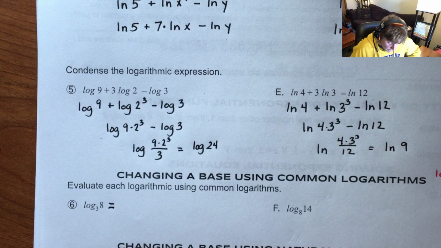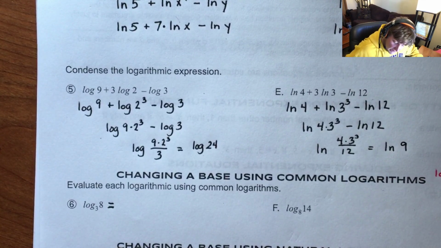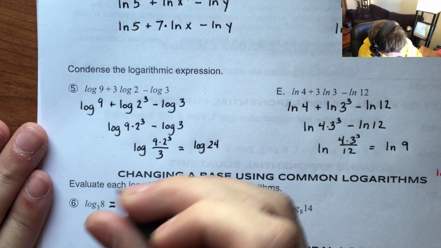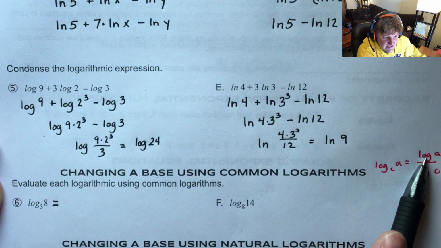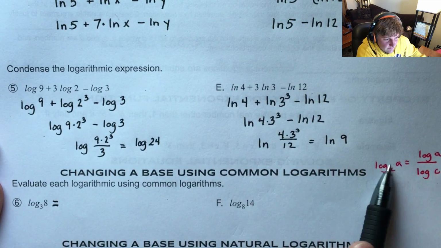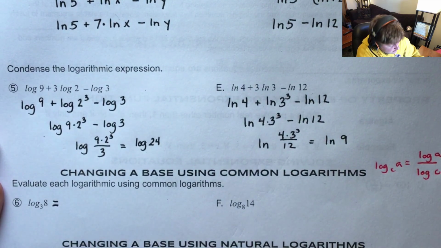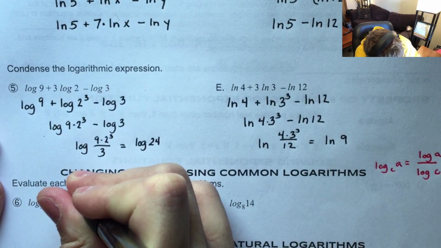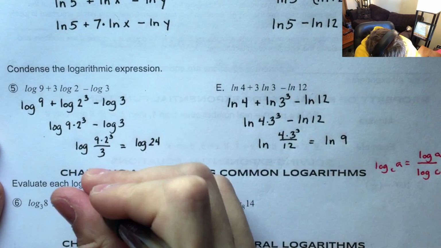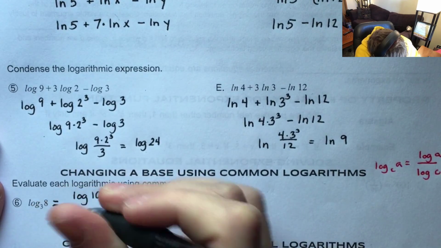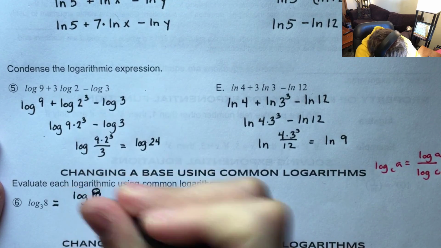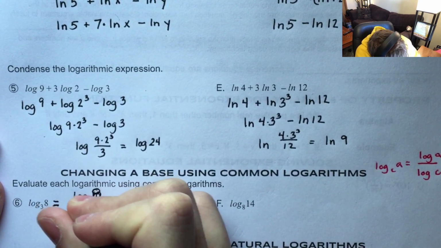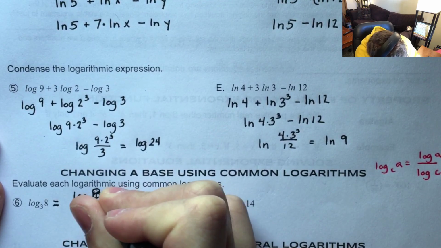So we can use our change of base formula, and it's basically just looking at this here that we have written off in red, that I can use base 10 and my a value. So my a value here is 8. So this is going to be log base 10 of 8 over log base 10 of 3.